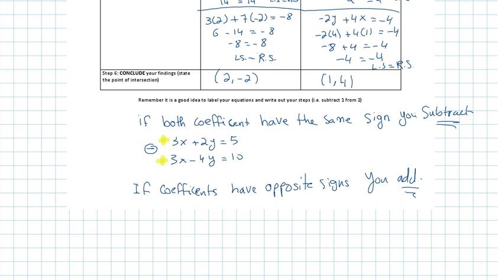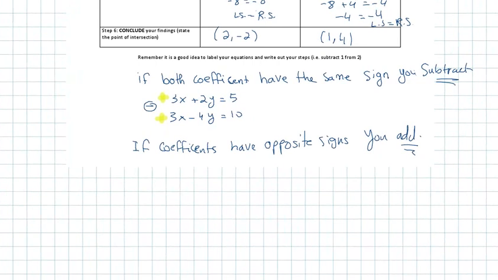So if I had, let's say, 3x plus 2y equals 5 and negative 3x, right? So you see this is a positive, this is a negative, so they have opposite signs. So all I have to do is add.